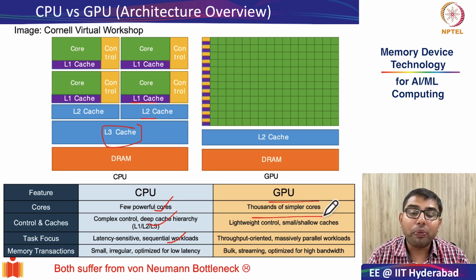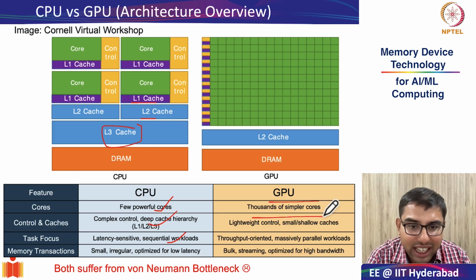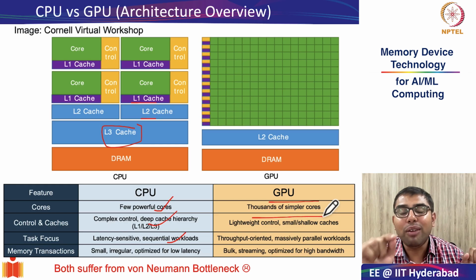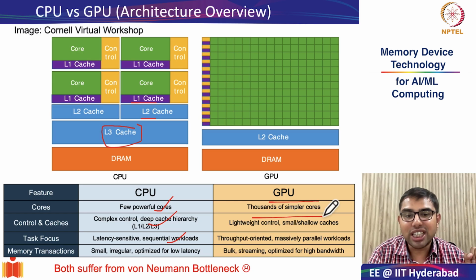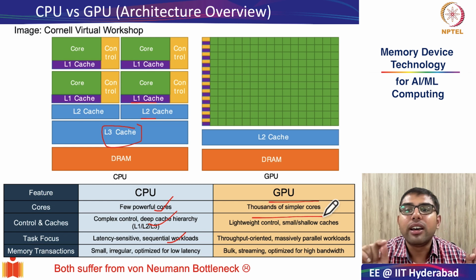This is something that we have looked at in detail in our first lecture, and in case you do not remember the von Neumann architecture and the von Neumann bottleneck, my suggestion would be please go back to the first lecture of our course and do a quick revision.